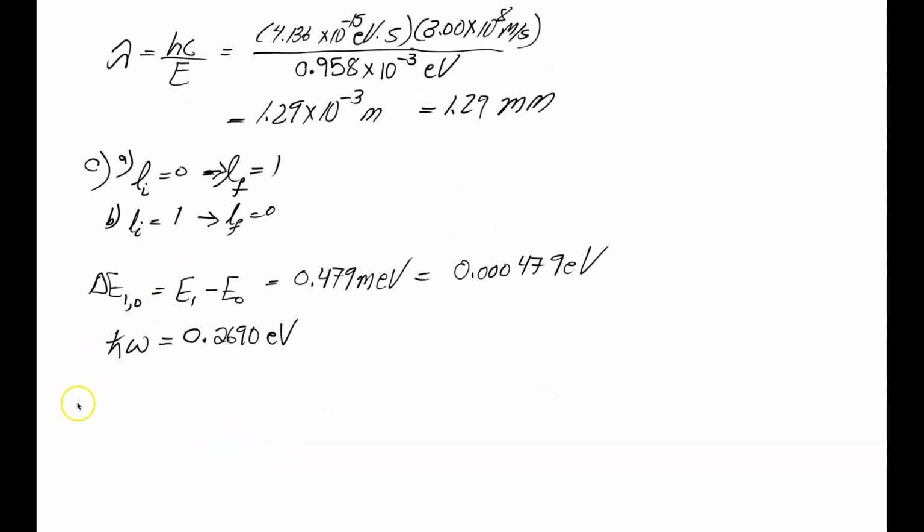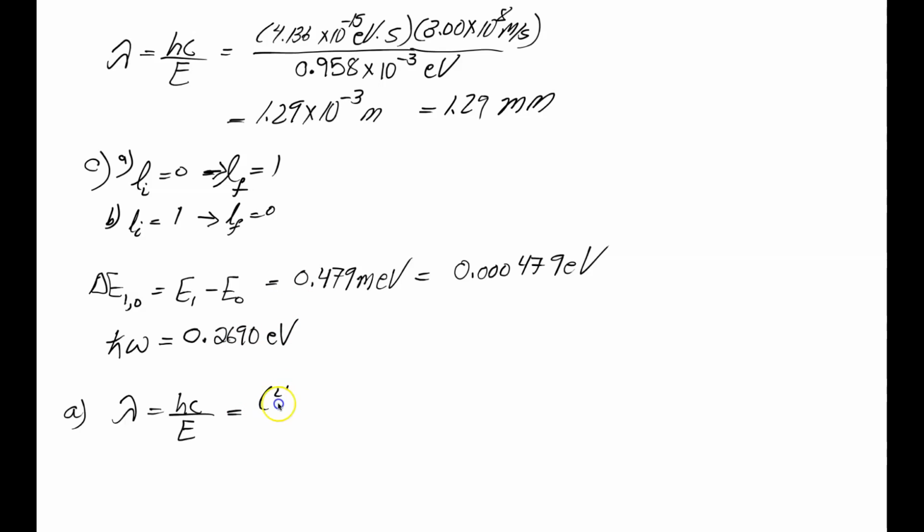So now to find the wavelength of the photon emitted for part A of part C, I know that sounds weird, the wavelength is going to be hc over the energy difference between the rotational level and the vibrational energy.